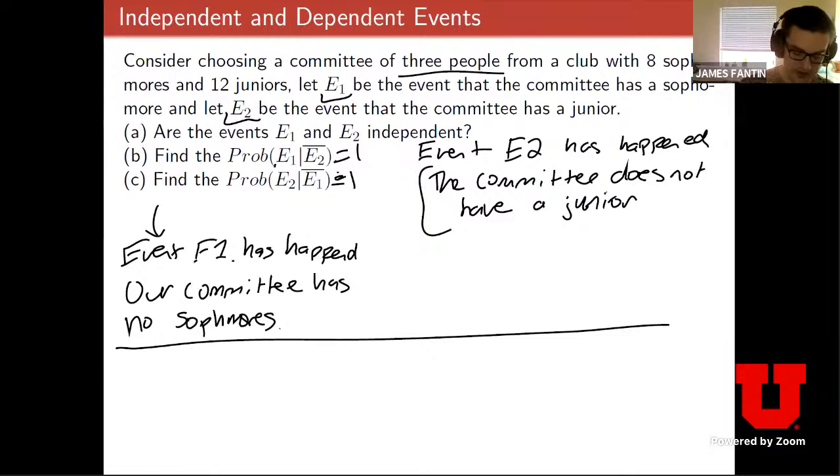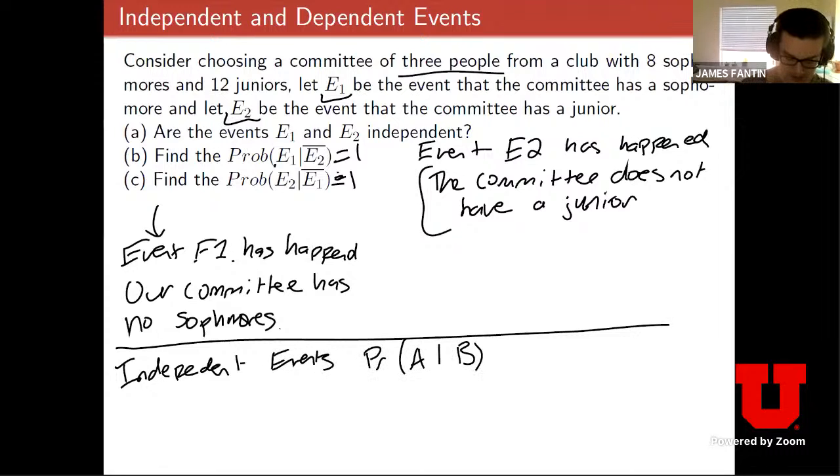And seeing that these are both 1, this is another way to look at why these events are not independent. Because remember, for independent events, the probability of A given B is equal to just the probability of A if A and B are independent.